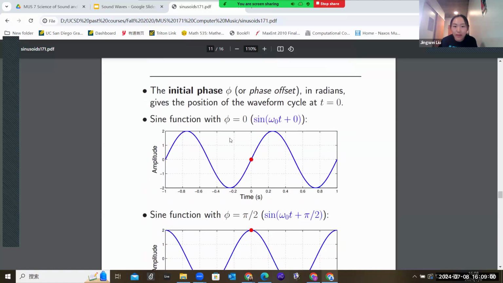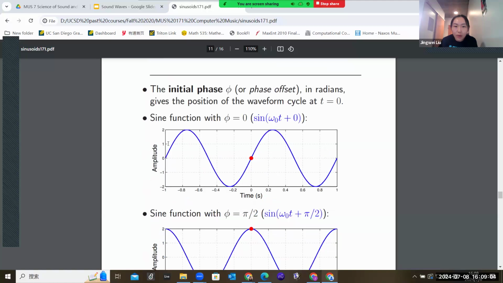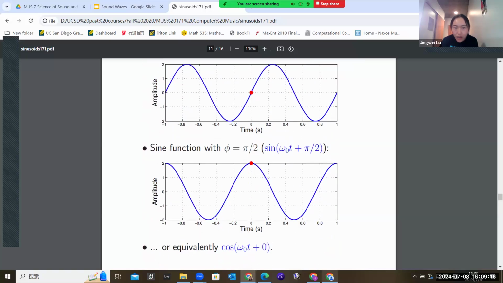The initial phase phi actually gives the position of the sinusoid. For a sine function, phi is 0, which means it starts from 0, where x and y are both 0. In a cosine function, phi is pi over 2, which means it starts with the highest amplitude.